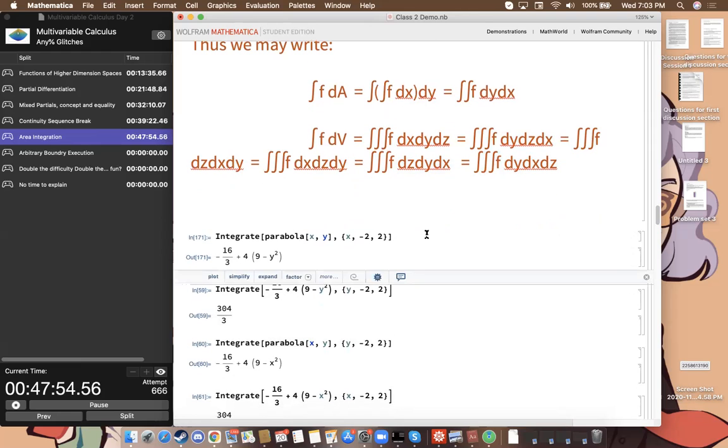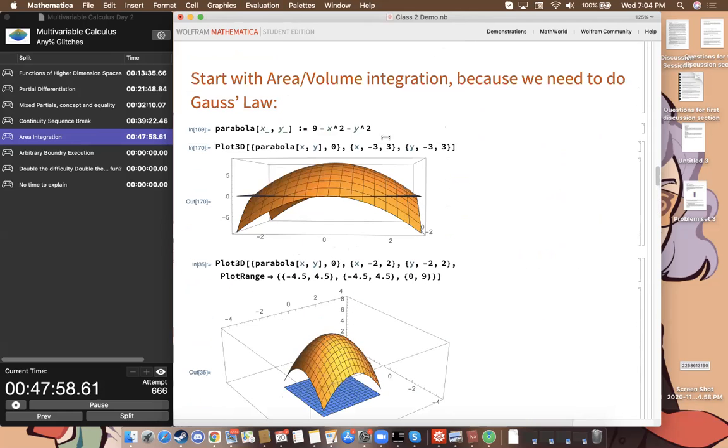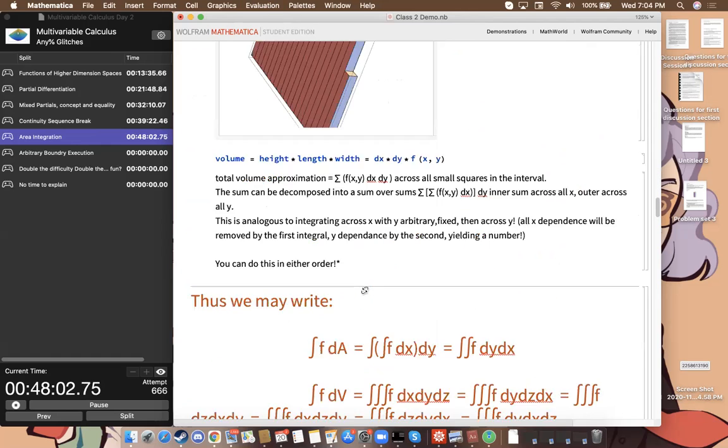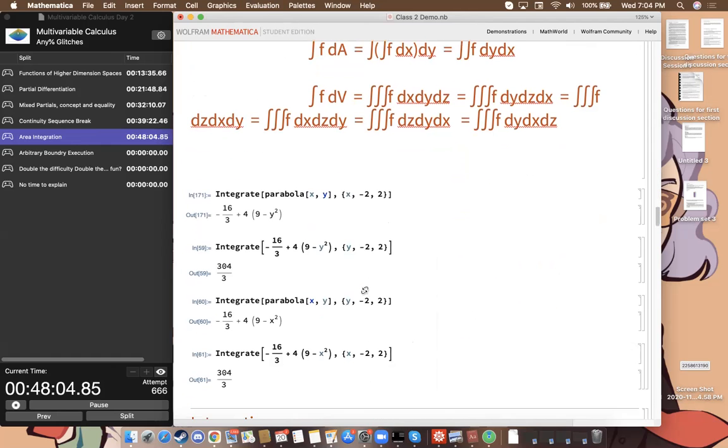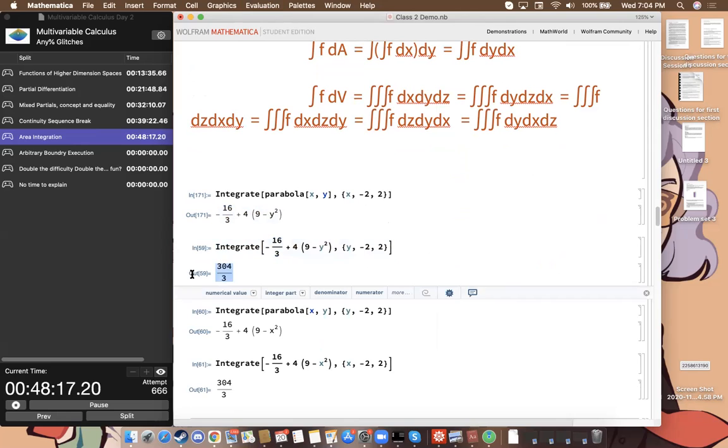So let's do that above case. We integrate this parabolic function with respect to x from x equals -2 to 2. And we get exactly what we expect, right? That's just the integral of the initial function with respect to x from -2 to 2. And then that can be integrated with respect to y to get that.